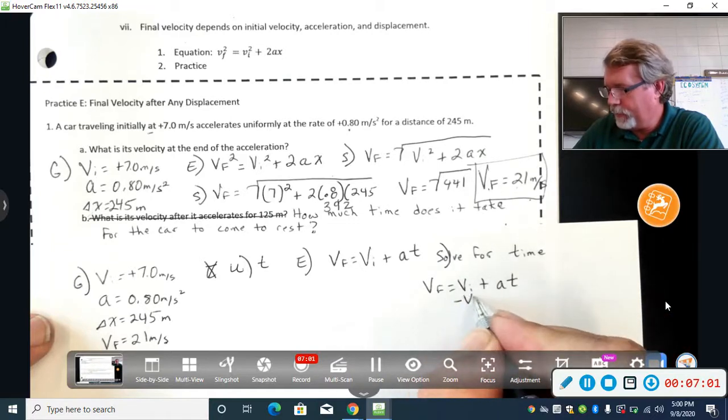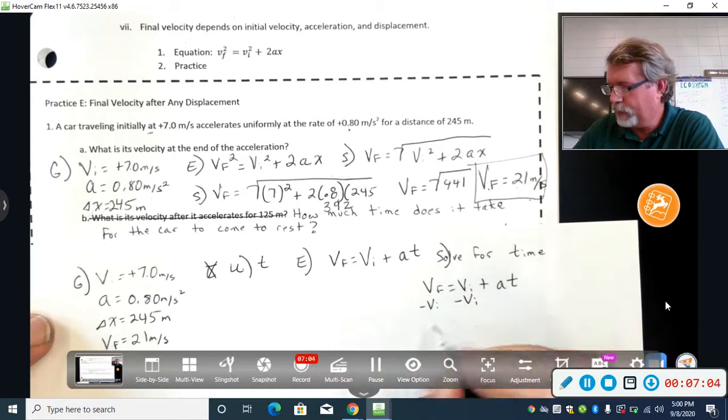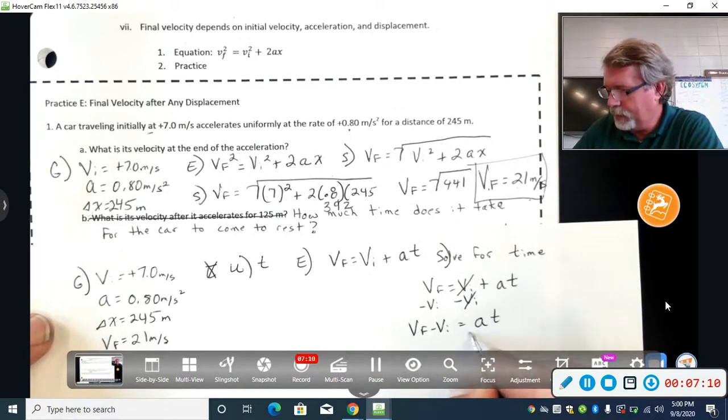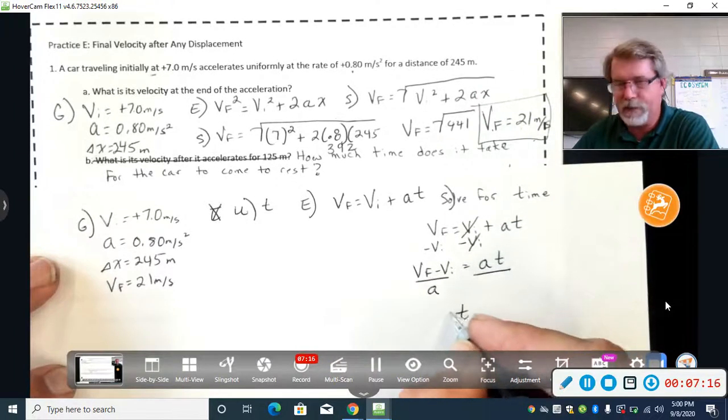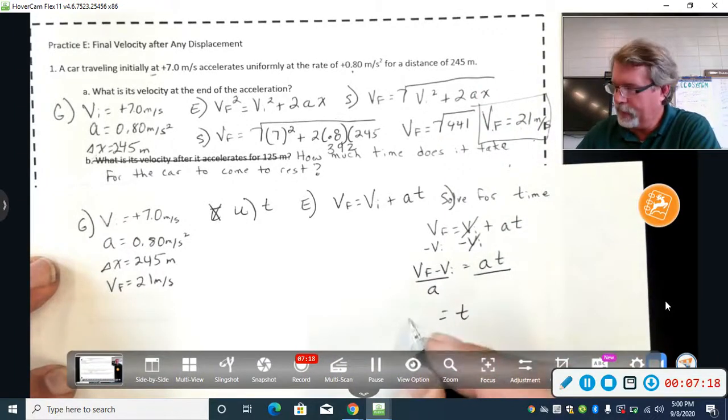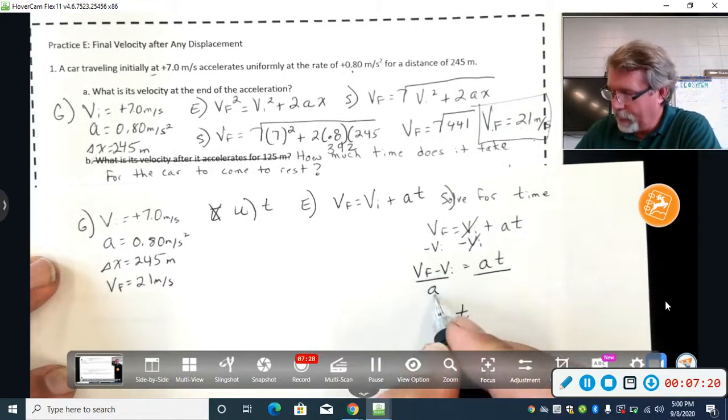We're going to subtract VI from both sides, and what we do to one side we do to the other. So we get VF minus VI, and that cancels, equals AT. Divide both sides by A, and we see that the time it takes for the object to change its velocity based on that acceleration is VF minus VI over A.